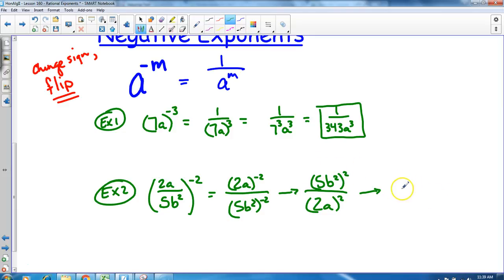So this is 5 squared, which is 25. Remember, both of these terms get the exponent applied to it, and then b squared raised to the second is going to become b to the fourth over, same thing here, both terms get it, so 2 squared, a squared, and we're done.